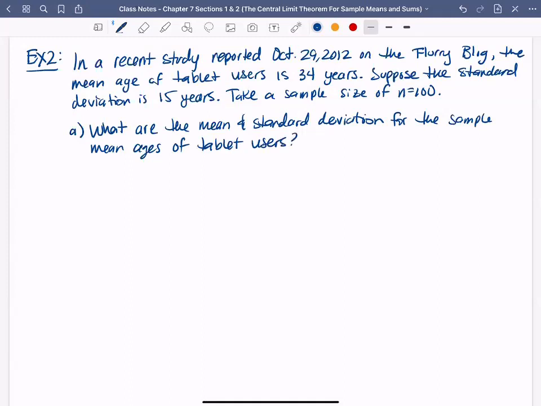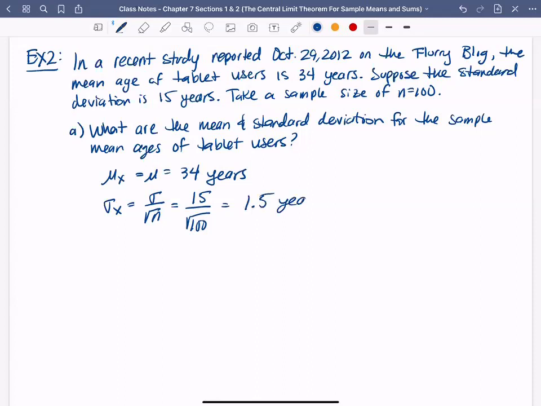And this one might be like, didn't it say? It does, but I'm working you through the problem. So it's asking for the mean, which, as discussed, is 34 years. And the standard deviation, which is, what did it say, 15 divided by the square root of 100. So that gives us 1.5 years.